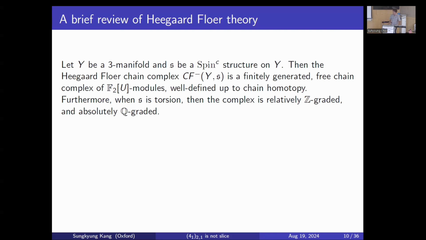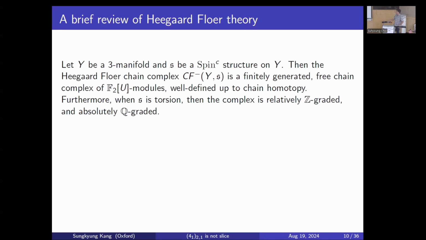So it's basically a three-manifold invariant. If you have a three-manifold Y together with a spin-C structure s, then Heegaard Floer theory associates to this spin-C three-manifold a homotopy class of a chain complex, CF^-(Y,s). It is a finitely generated free chain complex of F2[U]-modules, well-defined up to chain homotopy.